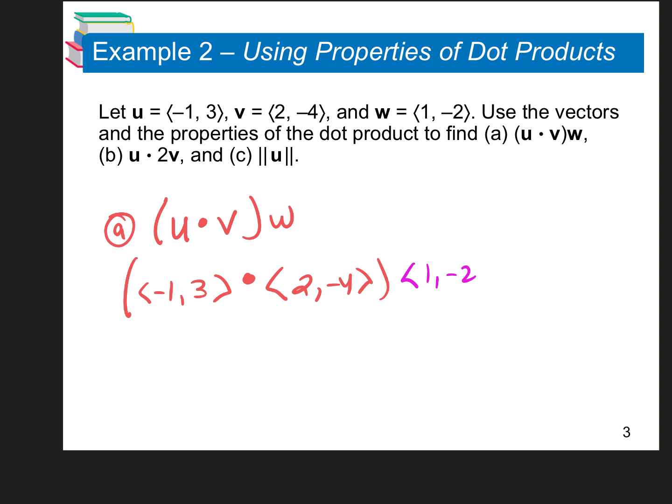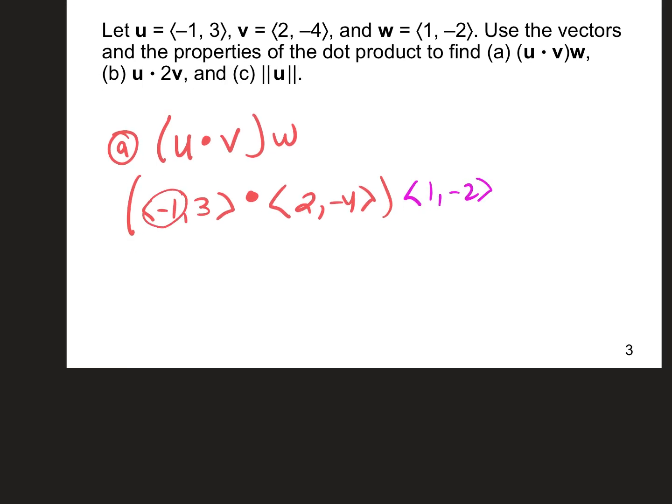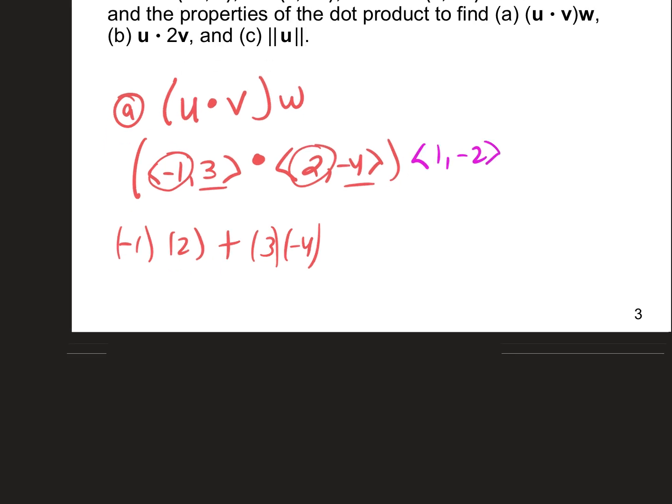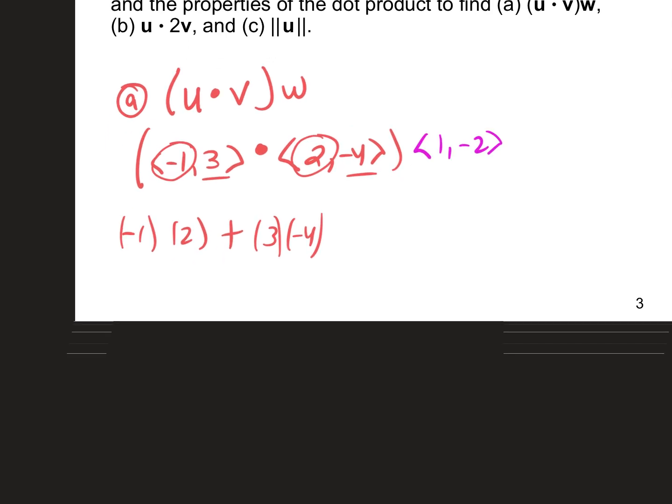So let's find the dot product first. Dot product is first times first, so -1 times 2 plus second times second. You guys with me? So what's -1 times 2? -2 plus -12. What does that give me? -14. So what am I doing with -14, guys?